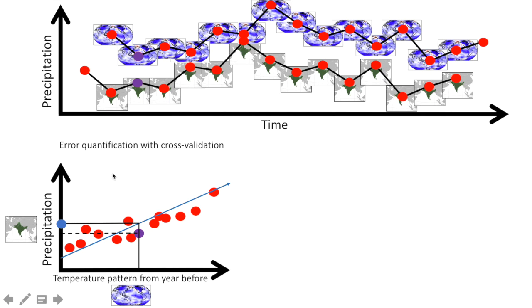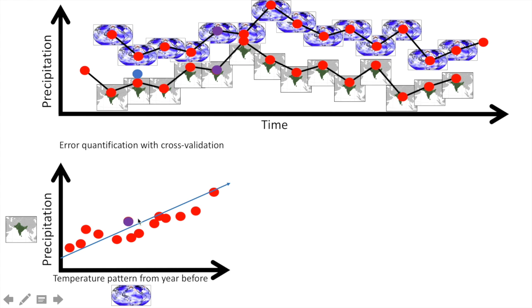So then what you have here is an error between what the statistical relationship tells you the precipitation should have been and what the precipitation was for that test data point. And so then you can plot that both in the scatter plot as well as in the time series data. And so then this is done for every single data point.